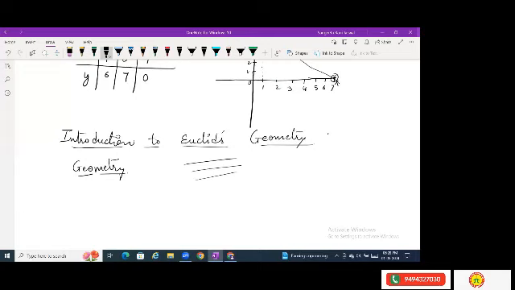Now, you must have heard of mathematician names like Thales, Pythagoras. They were the very beginners who started with geometry initially. And after them came Euclid. What did he do? Initially when people started with geometry, they didn't have any perfect rules.